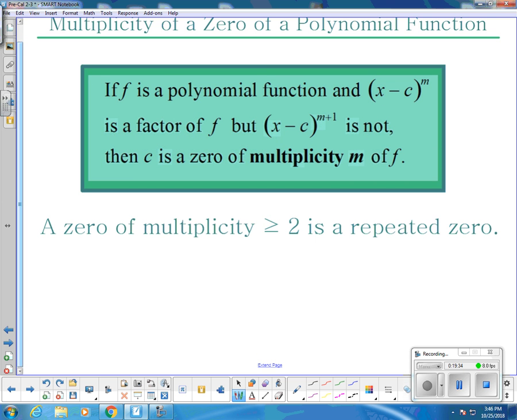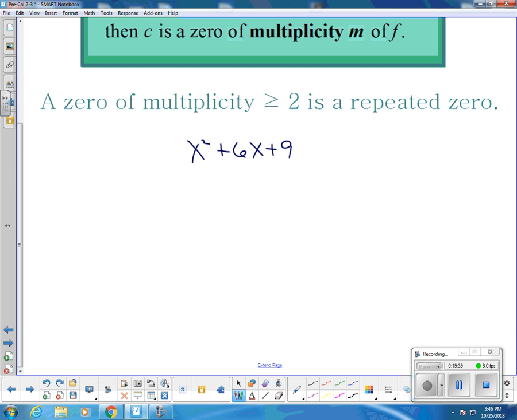If you had a function like this one, pretty basic, and you go to factor it to get your zeros, you'll notice it factors to the same factor, and you could write that as a binomial square. So when you set these equal to 0 to get your zeros, you're going to get x equals -3 two different times. So we say that it has a multiplicity of 2 because it occurs twice.